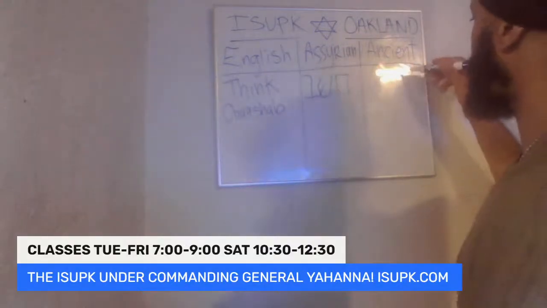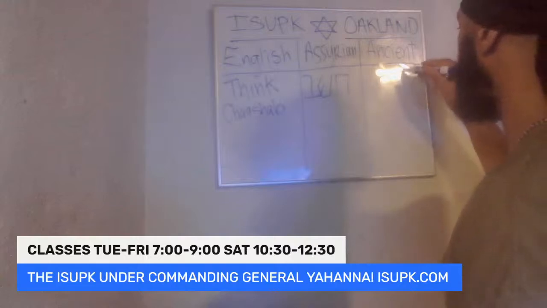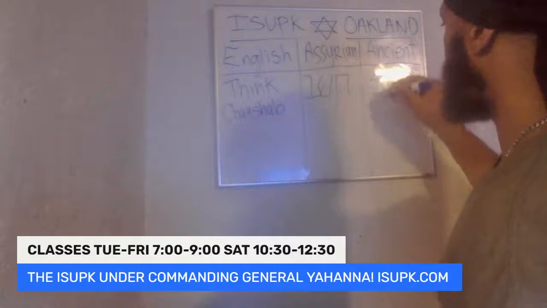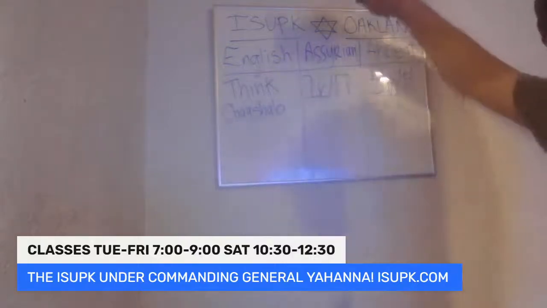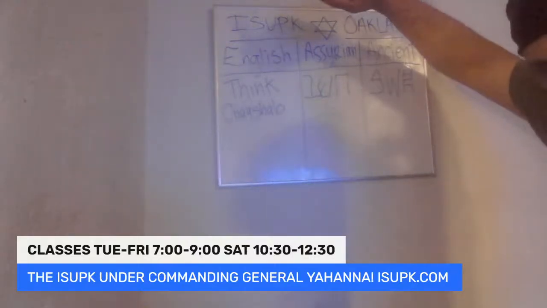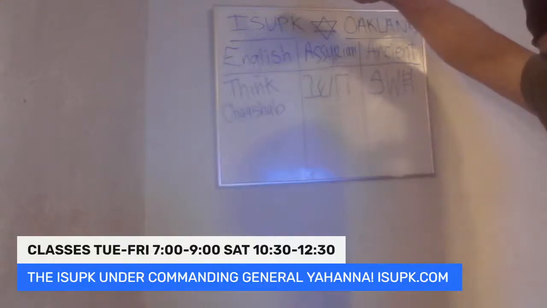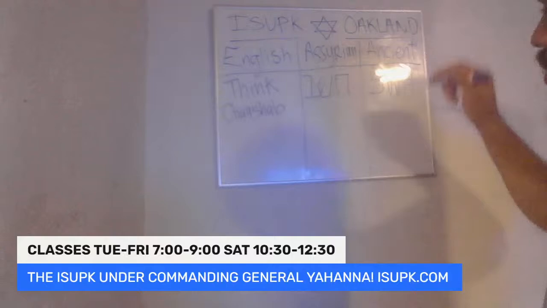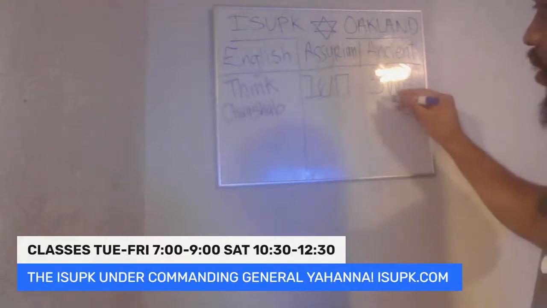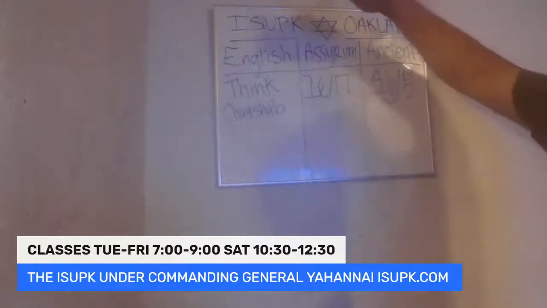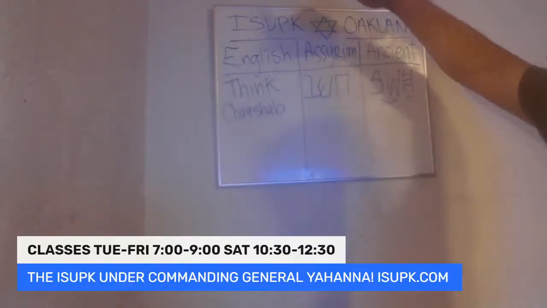And in ancient, it's kashab. I know that glare is going to hit it. Ka, sha, and ba. Kasha. All right, once again, kasha. All right, means think.